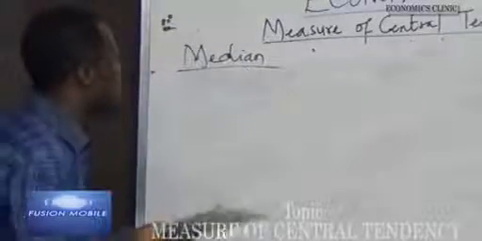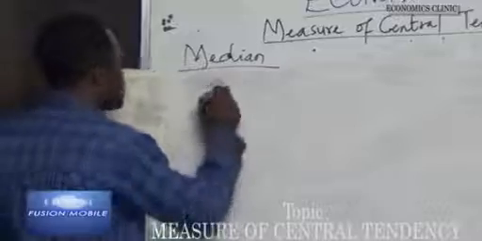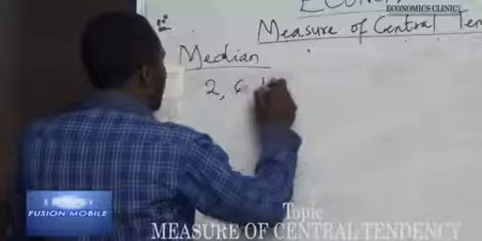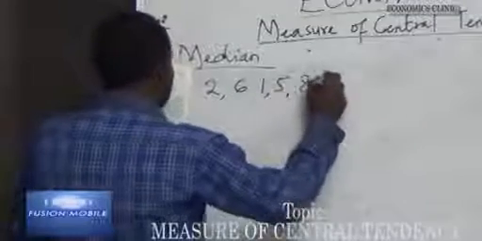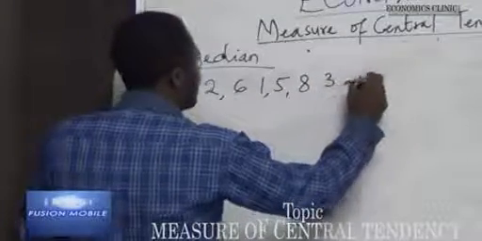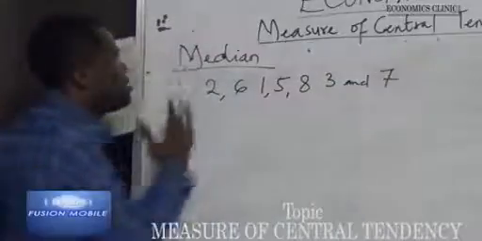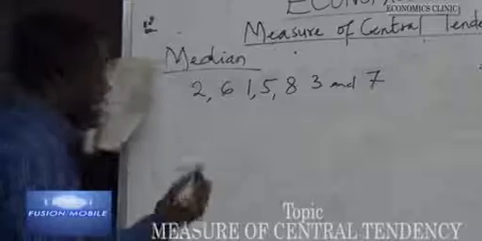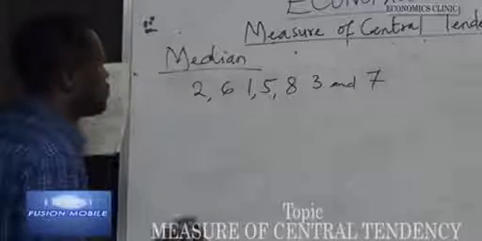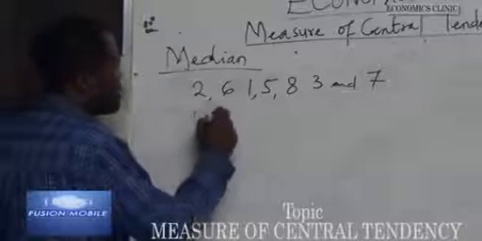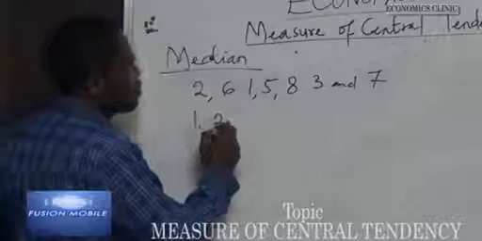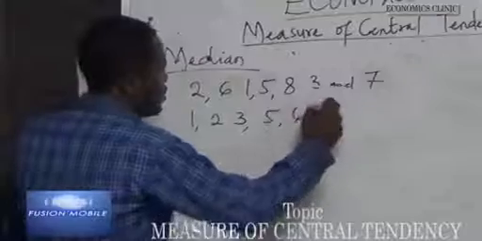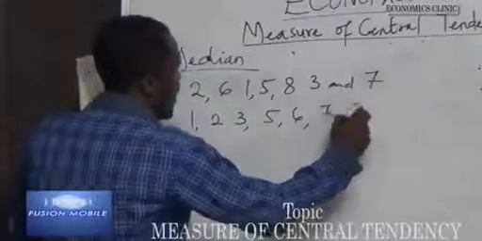Considering this example where we have 2, 6, 1, 5, 8, 3, and 7. To look for the median here, we arrange it in ascending or descending order. So we have 1, 2, 3, 5, 6, 7, and 8.